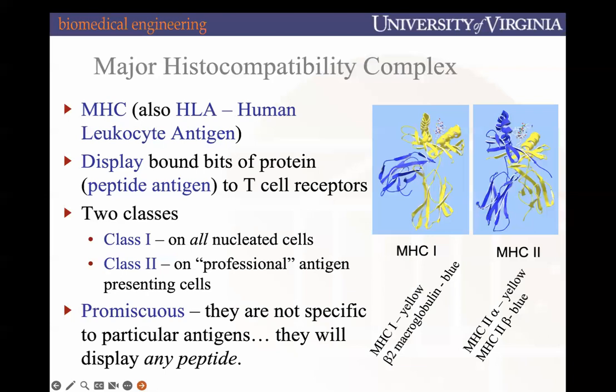The other flavor of MHC is called MHC class 2. That's only expressed on antigen-presenting cells. So that means antigen-presenting cells, when they're displaying peptide antigen to the T cell receptor, are doing it using MHC class 2. This is oftentimes a really promiscuous process, meaning there's a constant dynamic of surveillance and displaying.